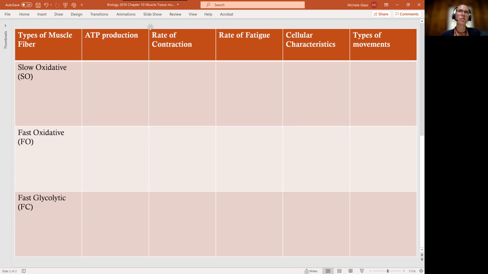And then the row headings, underneath types of muscle fibers, I have slow oxidative, which is abbreviated SO. I have fast oxidative, which is abbreviated FO. And then fast glycolytic, which is abbreviated FG.